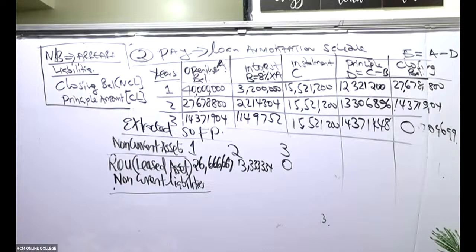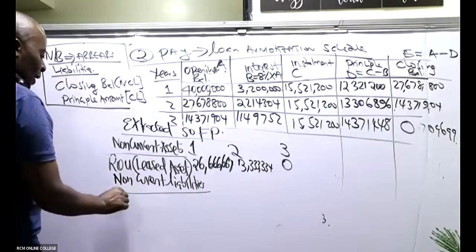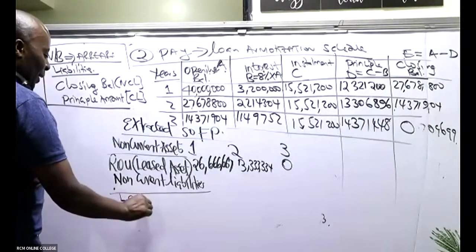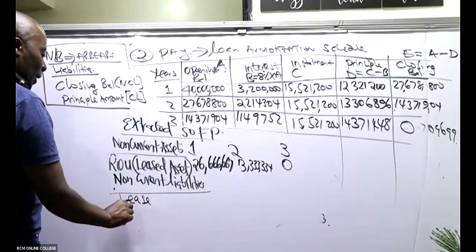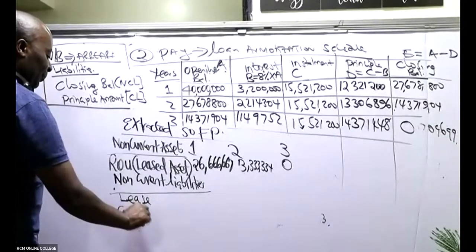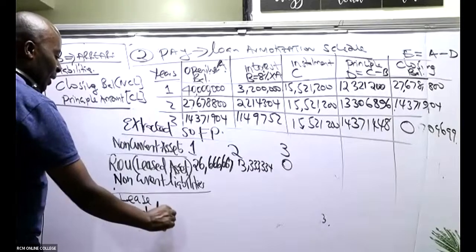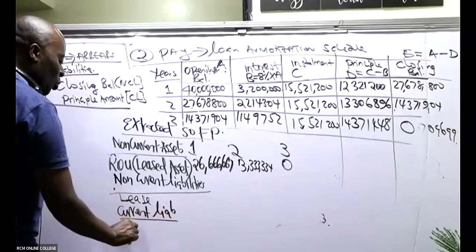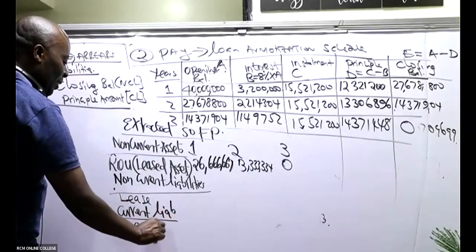Once you have written that, under non-current liabilities, we have lease. You will simply write lease. And also under current liabilities, you shall also write lease.